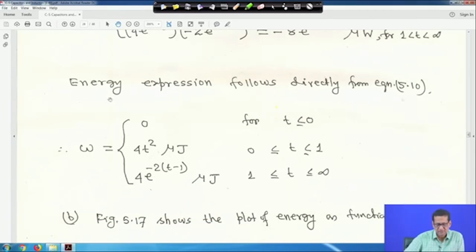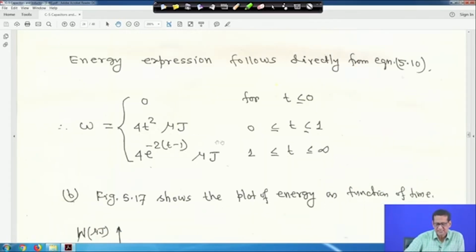Now, the energy expression is as follows, which you get directly from equation 10. So, you know energy is equal to half C v squared. The first one, v is 0, so it is 0. In the second case v was given as 40, so just simplify, with C equal to 0.5 into 10 to the power minus 6 farad. Half C v squared, simplified, you will get 40 squared over 2 microjoule, that is 4t squared, for t greater than 0 and less than 1.